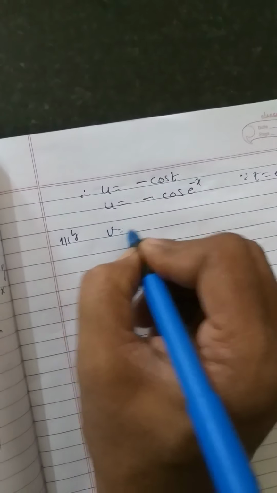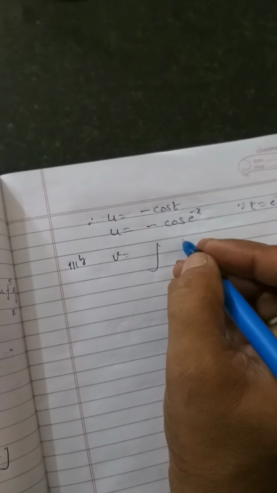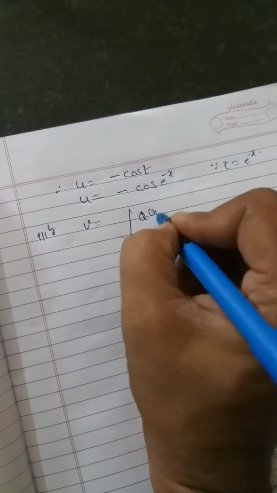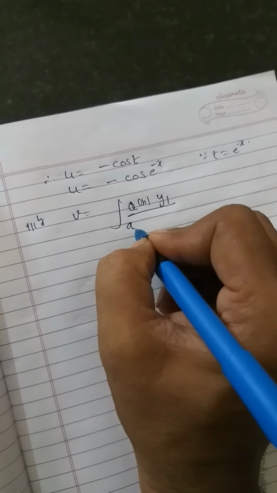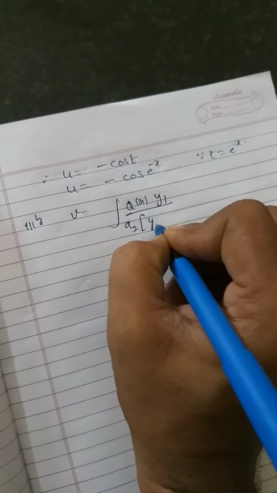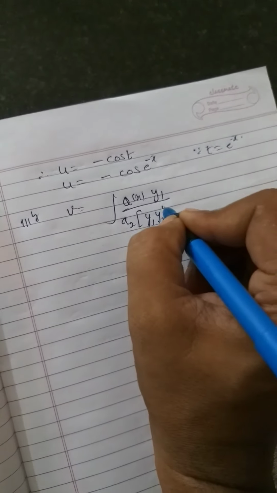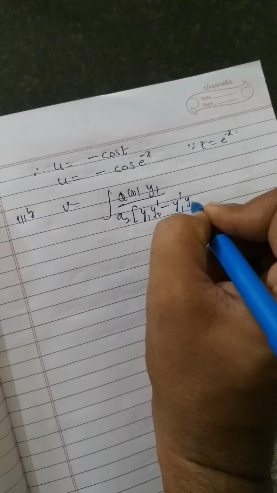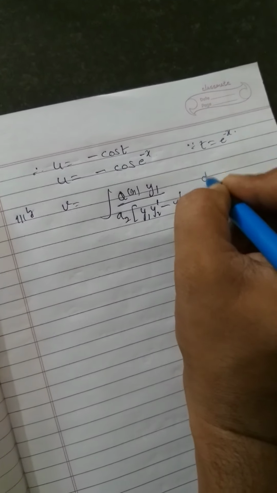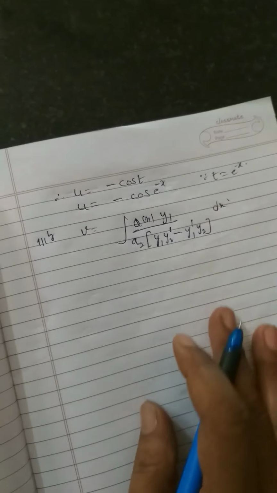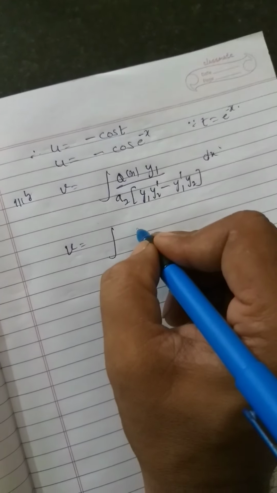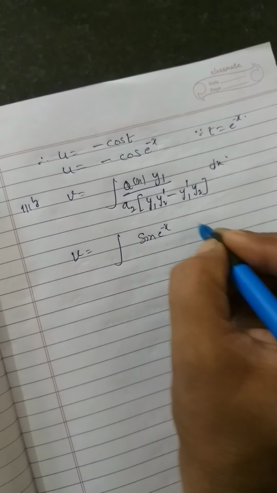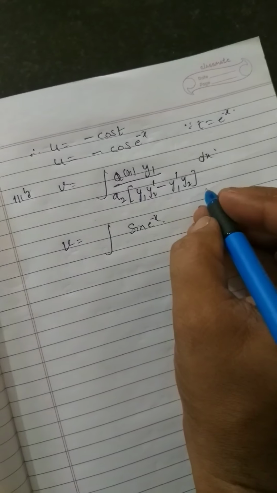Similarly, what is v? v = ∫ q(x) y1 / (a2 (y1 y2' − y1' y2)) dx. You write dx here, no need to mention it in the formula. Now v = sin(e^(−x)) times y1, which is e^x, divided by a2 = 1 times (y1 y2' − y1' y2).